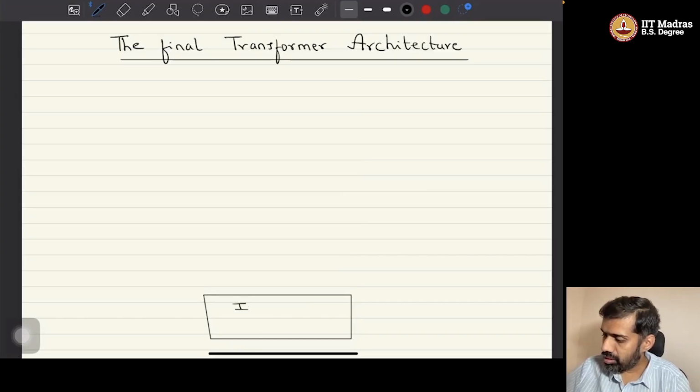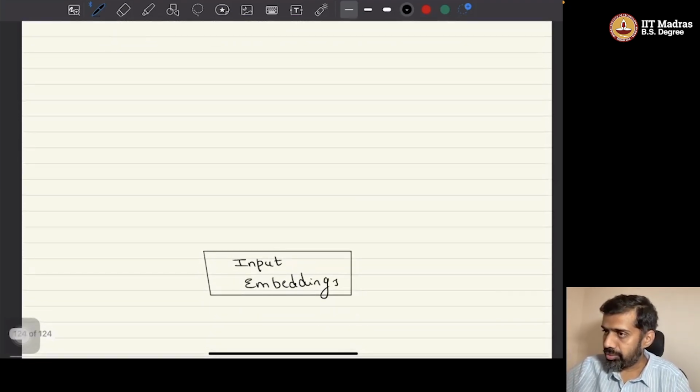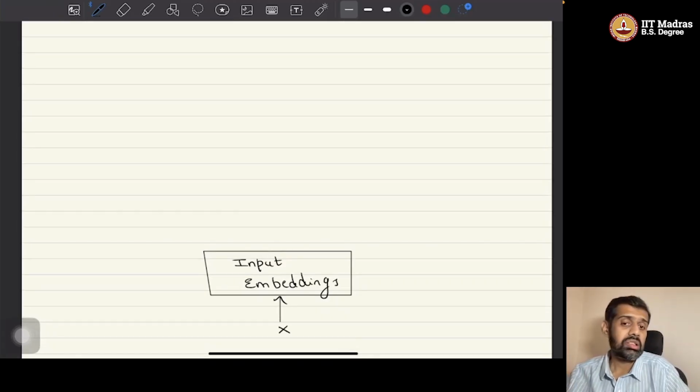Let's say that we have x that is given as input. Now this x is typically a one-hot vector.